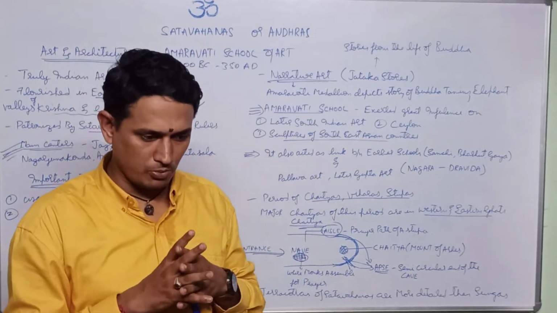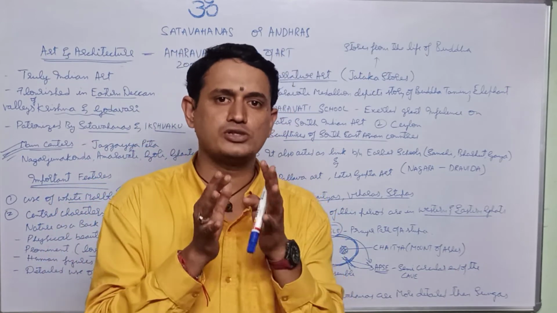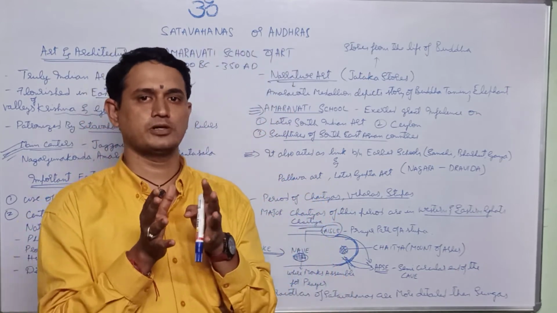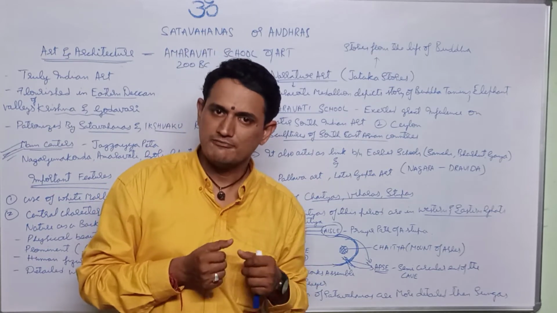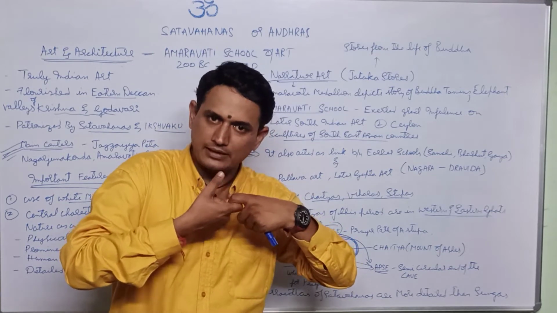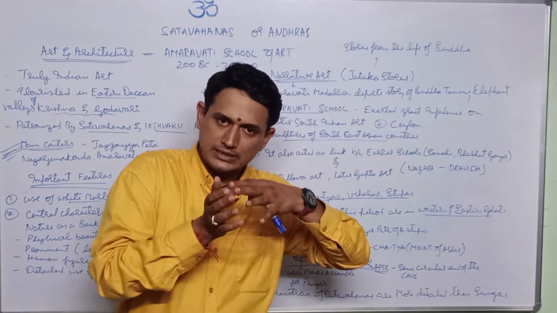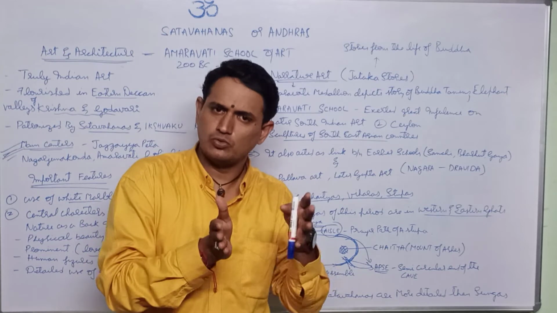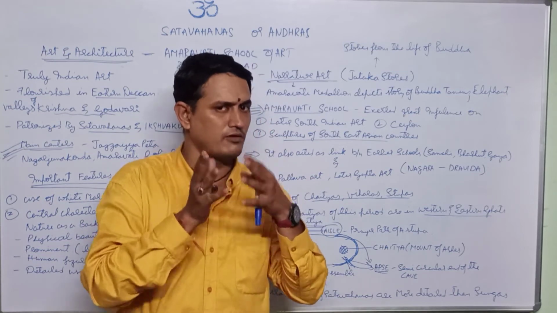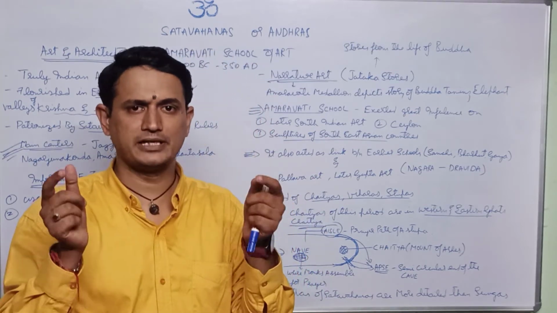And the other most important aspect of this particular school of art, the Amaravati school of art, is that it acted as a linking pin between the earlier school of art and the later school of art. What were the earlier schools of art? That has to be kept in mind by you.